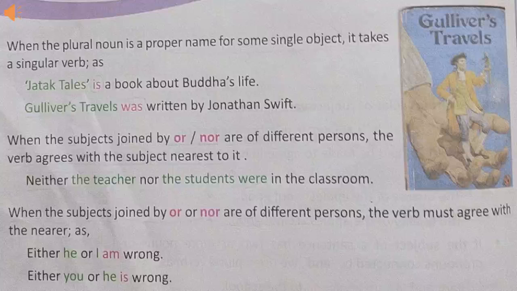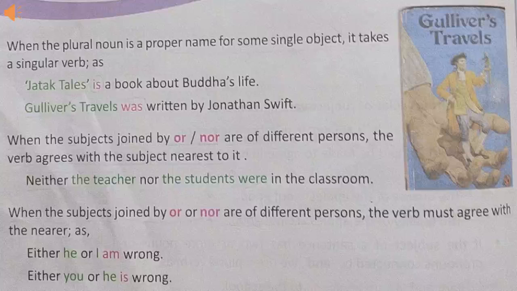For example, Jatak Tales is a book about Buddha's life. Gulliver's Travels was written by Jonathan Swift. In these two sentences, Jatak Tales and Gulliver's Travels are subjects and these are proper names for some single object. That's why we have used the singular verbs is and was with these nouns.